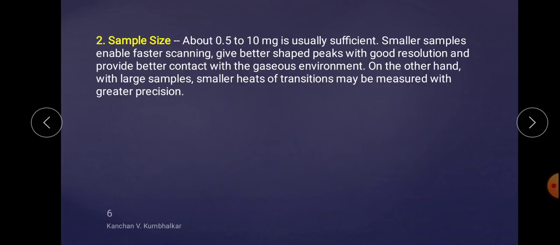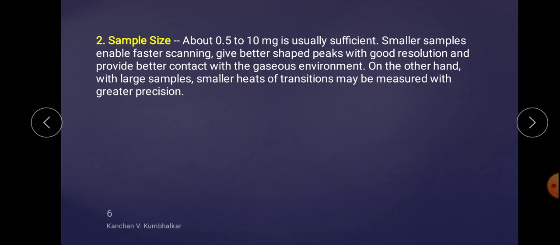The second factor is sample size. About 0.5 to 10 mg is usually sufficient. A smaller sample size is good for faster scanning. Smaller samples enable faster scanning, which gives better shaped peaks with good resolution and provides better contact with the gaseous environment.